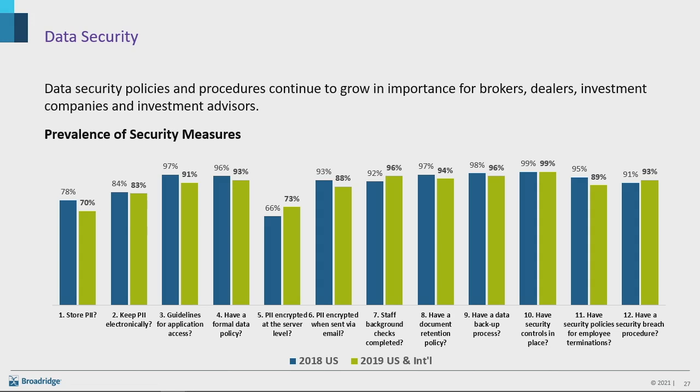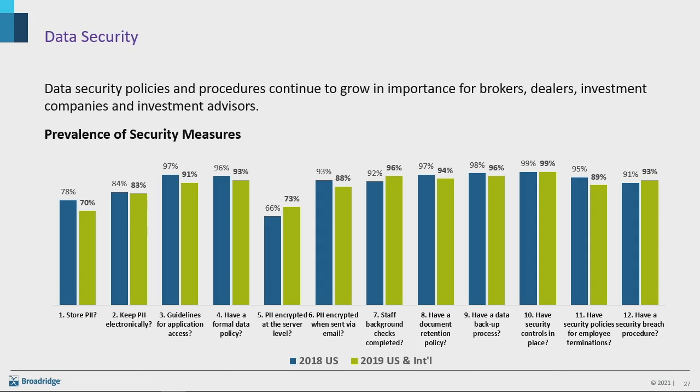I just wanted to bring a few of the assessment questions from a trending perspective and highlight a few of those. Here you can see stored personal identified information, PII, in graph one is going down, so that's a good trend from 78 to 70%.